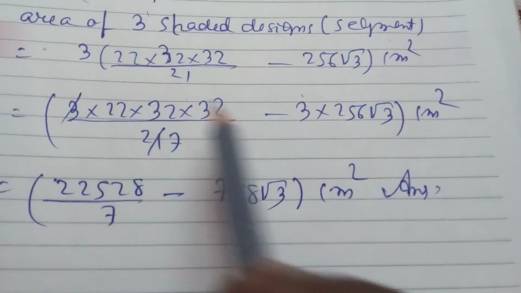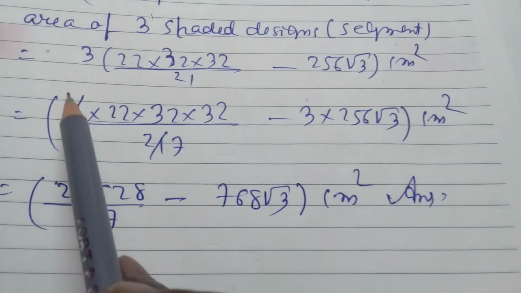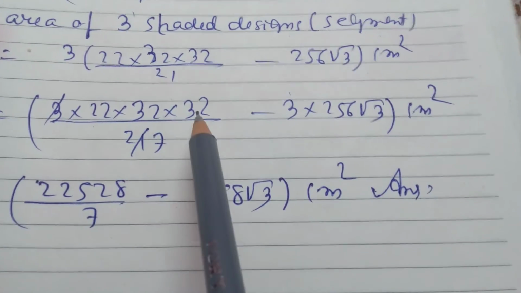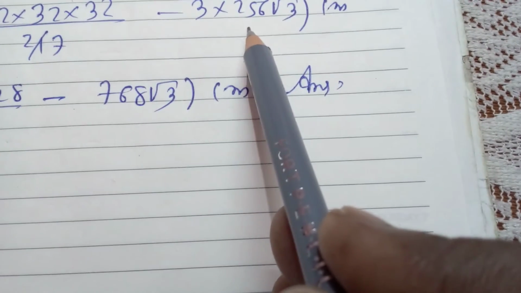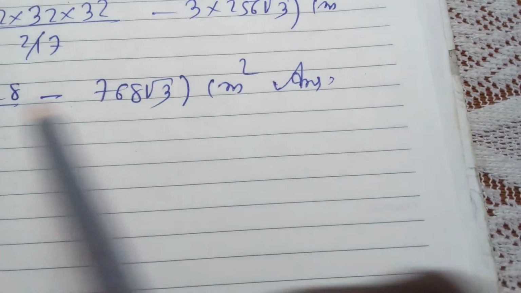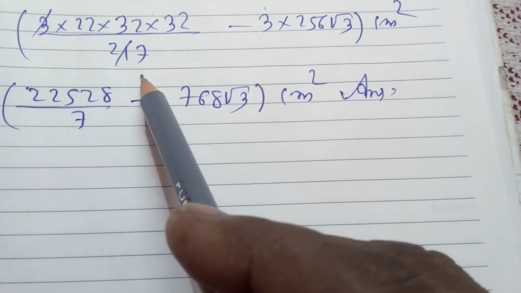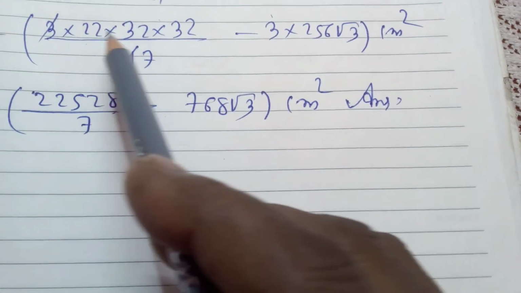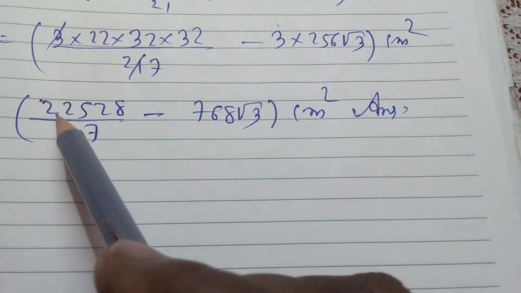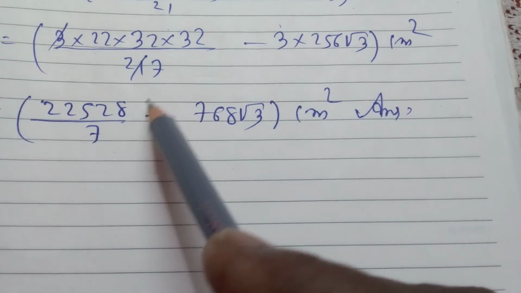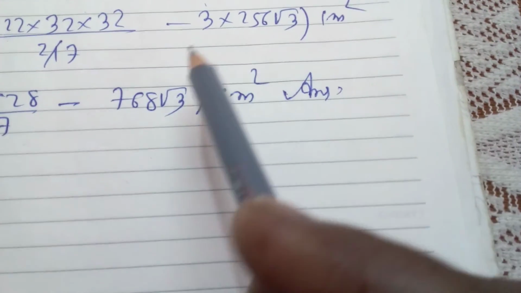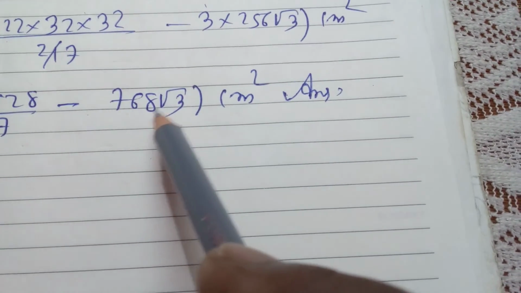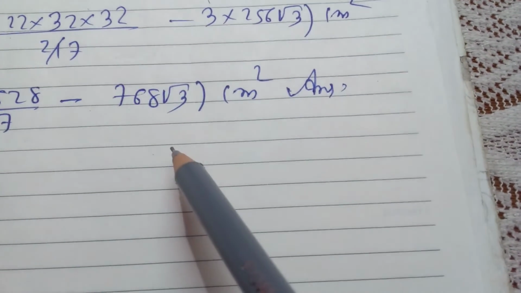Now I have to break the bracket. So 3 into 22 into 32 into 32 by 21 minus 3 into 256 root 3 cm². 3 7s are 21. So 22 into 32 into 32 is 22528 by 7, minus, after multiplication of 3 and 256, it is 768 root 3 cm².